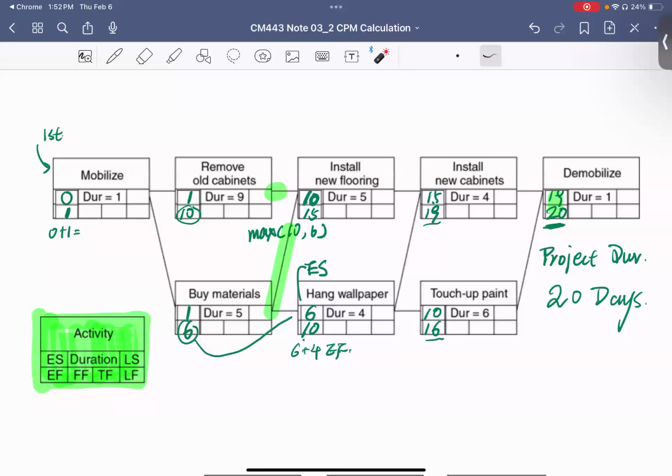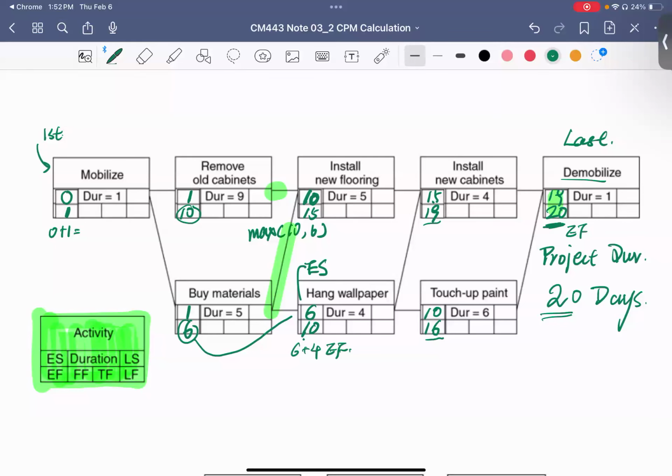Once you determine the early finish time for your last activity, you can give the project duration as 20 days. Once you determine this, you're done with your forward pass, and then you do your backward pass.